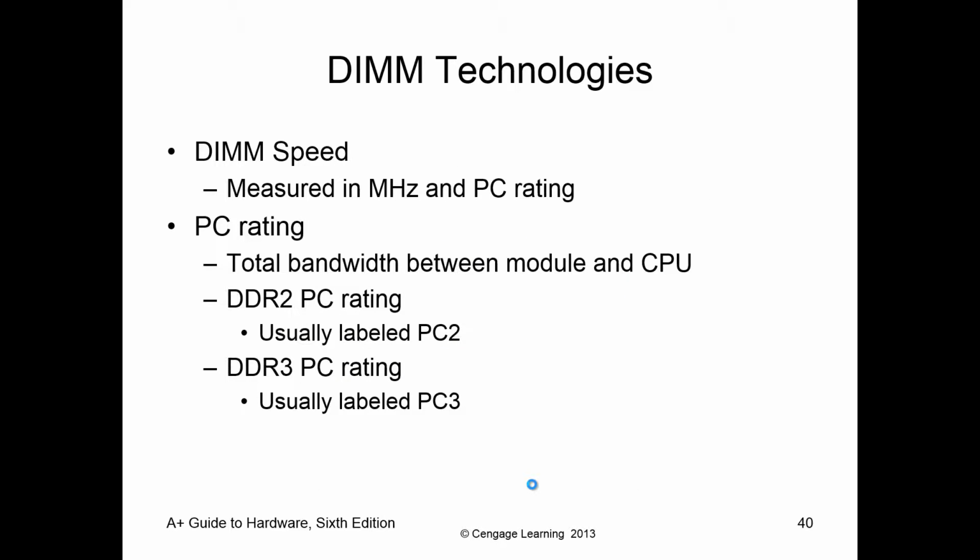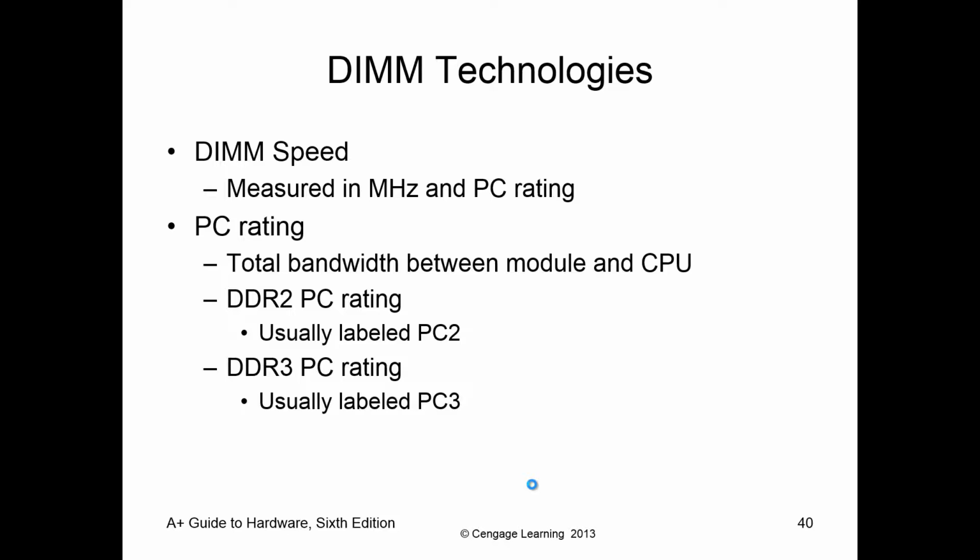So let's talk about our DIMM speeds. How do we measure our speeds? Normally it's measured in one of 2 ways, either megahertz or PC rating. The PC rating is the total bandwidth between the module and the processor. Normally it's a PC2-6400 or PC3-13333.